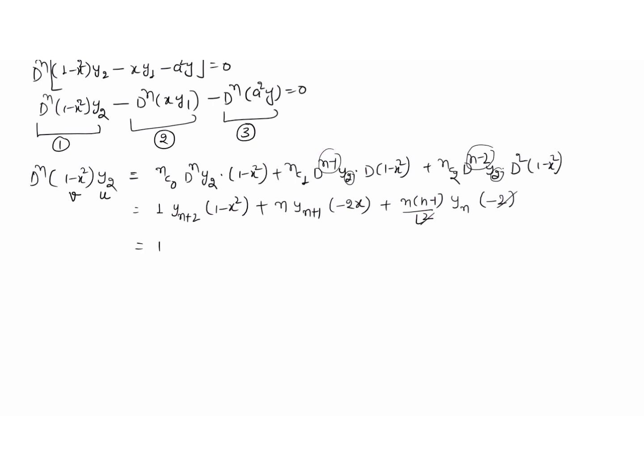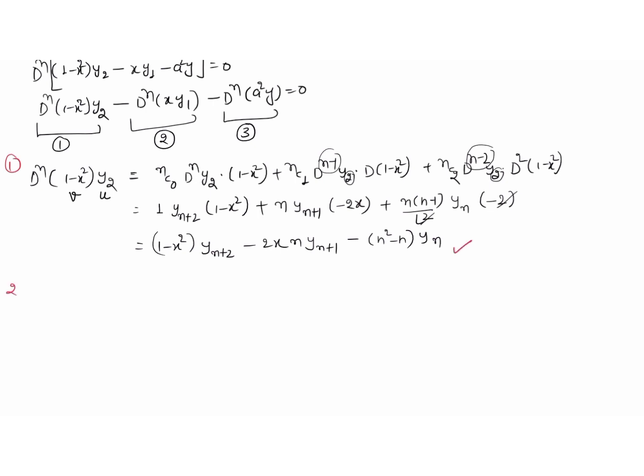We get (1 − x²) yₙ₊₂ − 2xn yₙ₊₁ − (n² − n) yₙ. So from the first term we have evaluated this result.